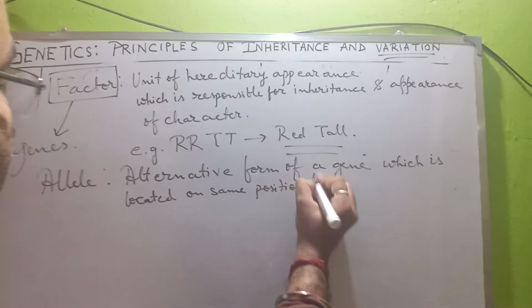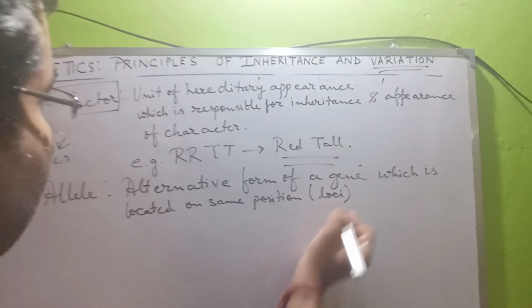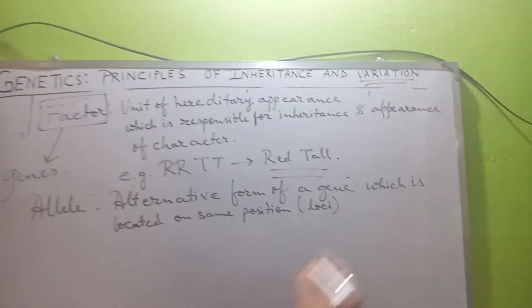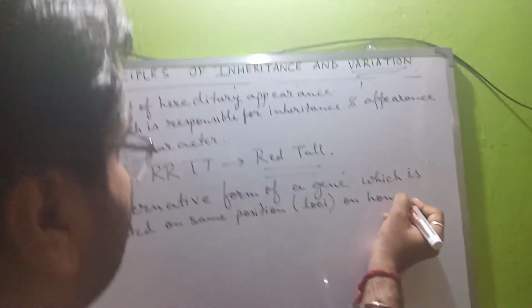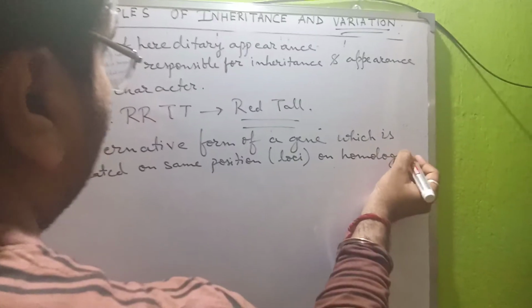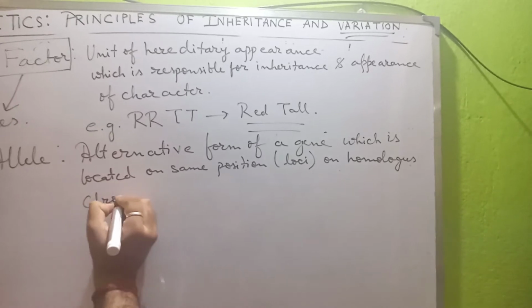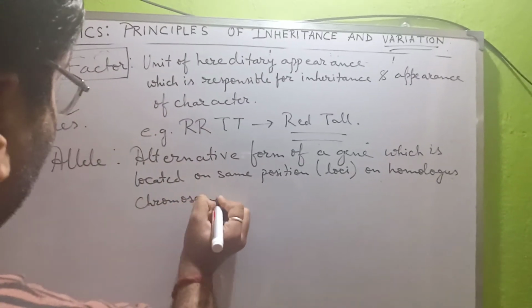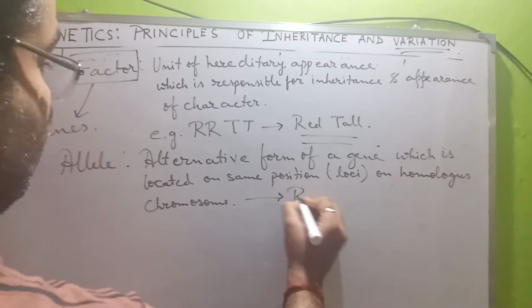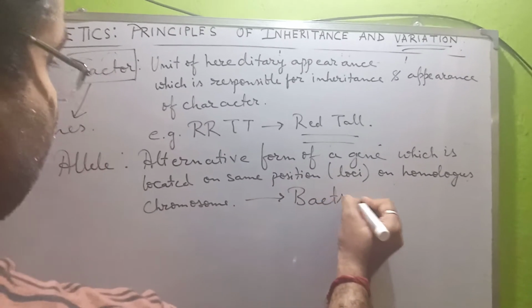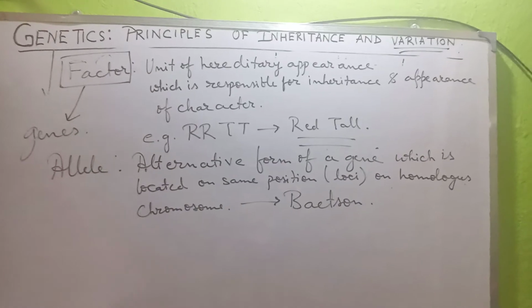In the book you will come across this term loci, on homologous chromosomes. And this word was given by Bateson again. He was a great geneticist at that time.